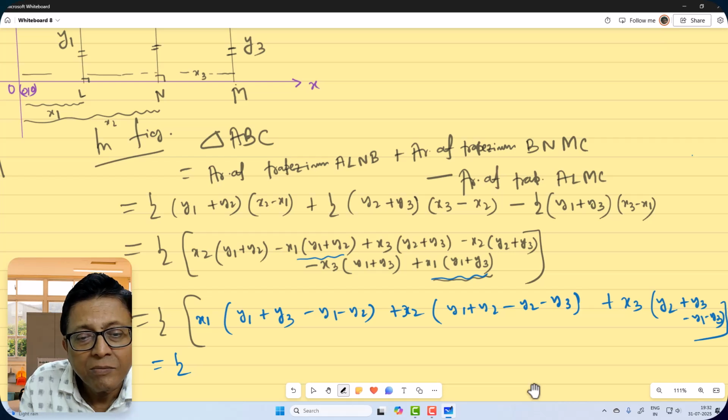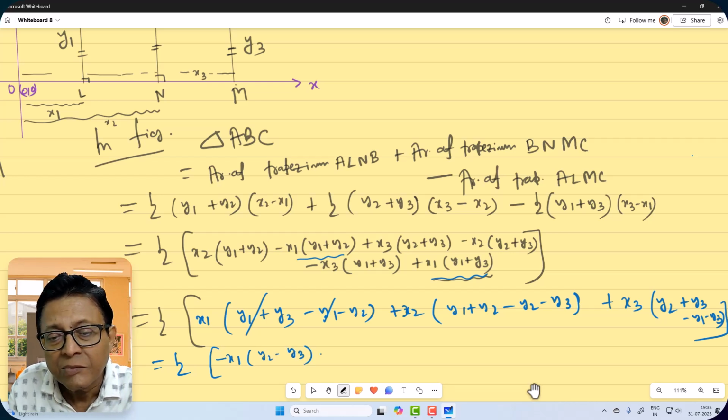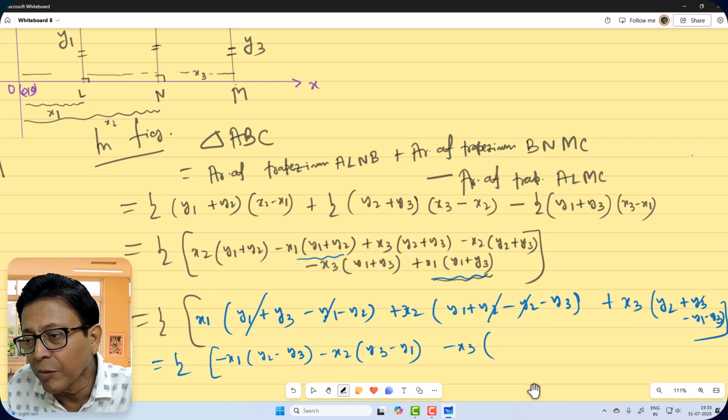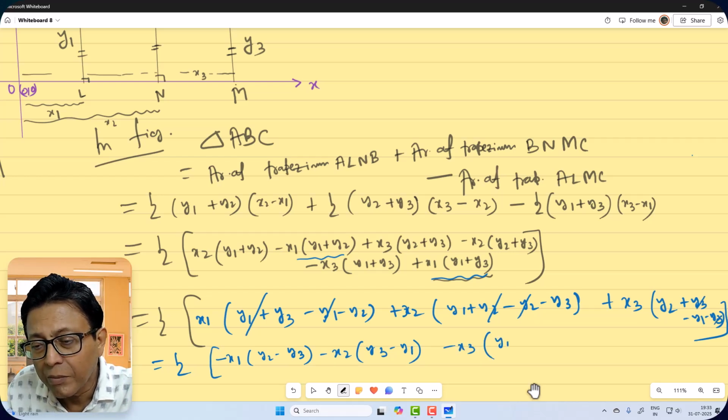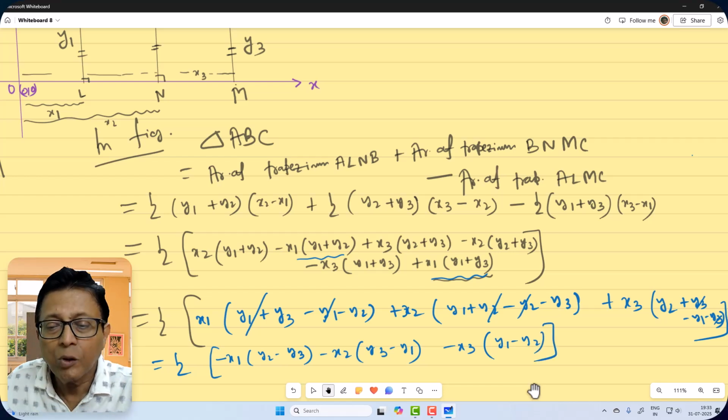Half, these two are getting cancelled. x1, I am taking minus common to get the pattern. Already I told you, that's why taking minus common. Minus x2 common, minus x3 common, okay.